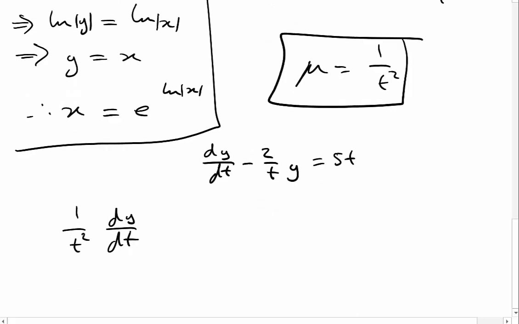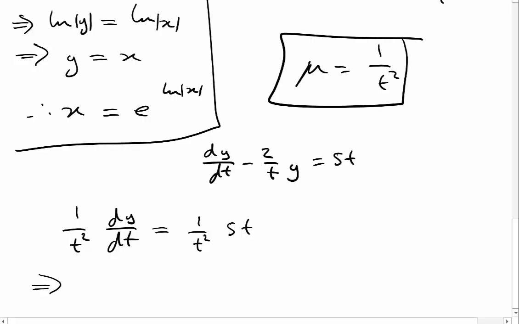Now if I multiply through by my integrating factor, I end up with 1 over t squared times dy/dt, and so on, equals 1 over t squared times 5t. Because of the way I've chosen the integrating factor, I get cancellation in that term, so I don't even have to consider it.